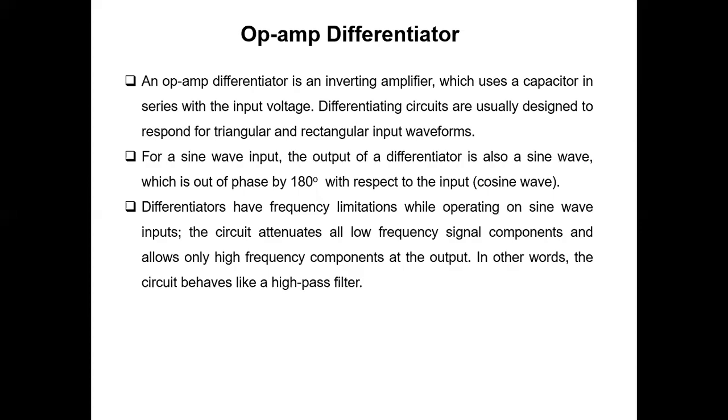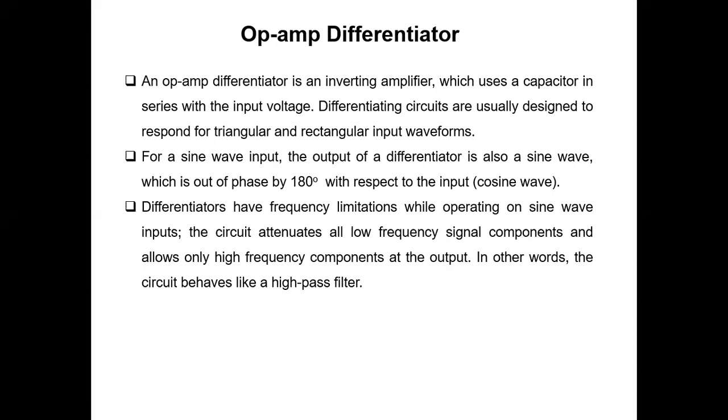An op-amp differentiator is an inverting amplifier which uses a capacitor in series with the input voltage. Differentiating circuits are usually designed to respond to triangular and rectangular input waveforms. The difference between differentiator and integrator is where we have placed the capacitor. If we connect the capacitor in series with the input, it is called a differentiator. It is also an inverting amplifier.